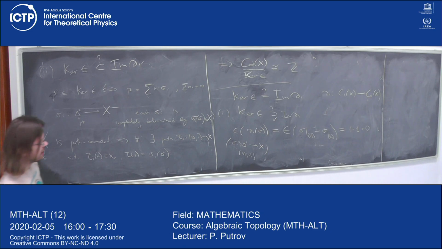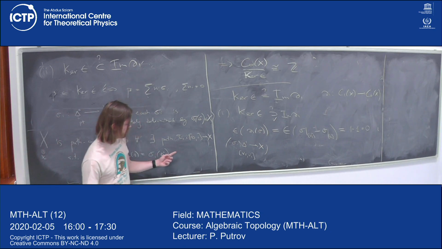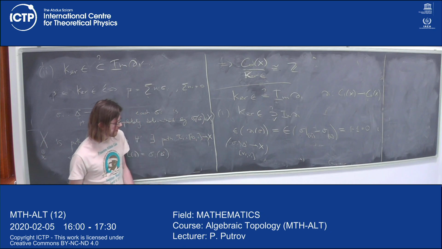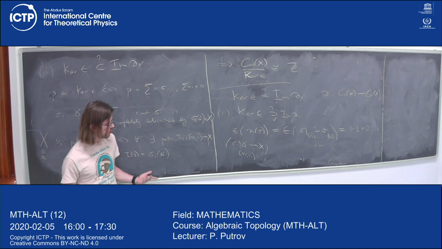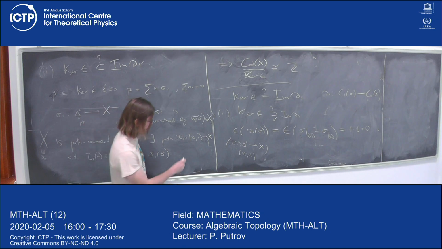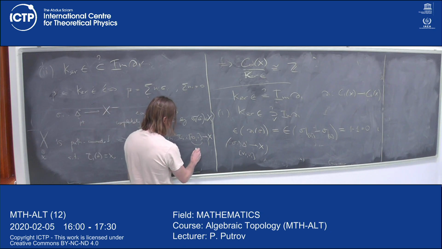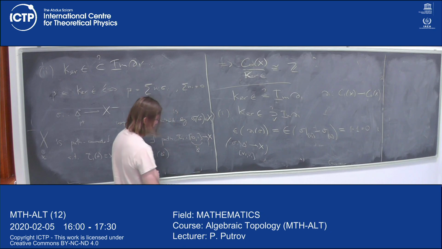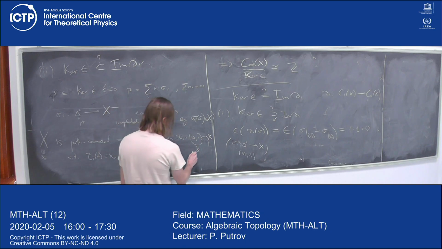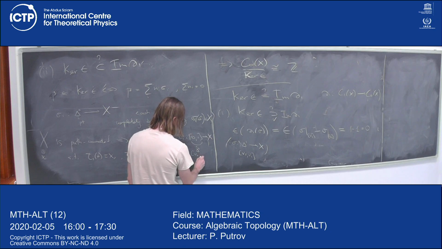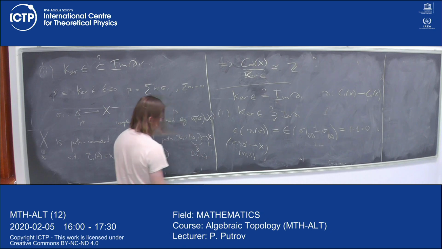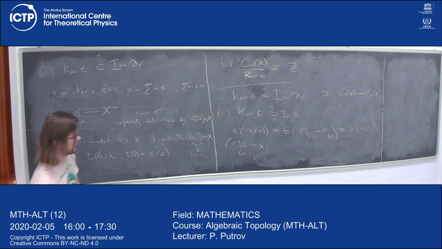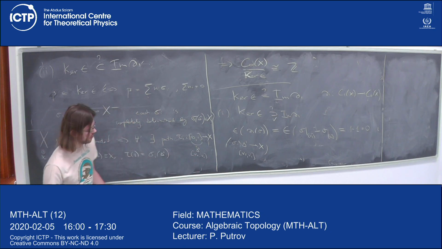Now I can notice that this path, which is a map from the interval to x, I can interpret as a singular one simplex, because I can understand this interval as a delta 1 with vertices v0, v1, which is just 0, 1.